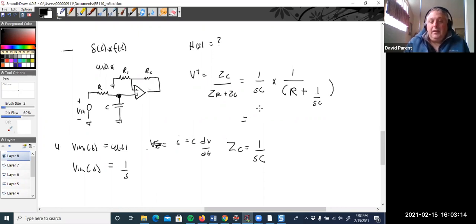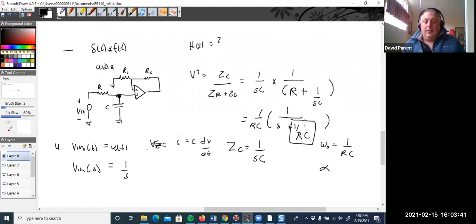Now, it's best to multiply through the s and take out the R, and I'll tell you why. That 1 over RC, that RC, yeah, that is tau, the time constant of a first order circuit.